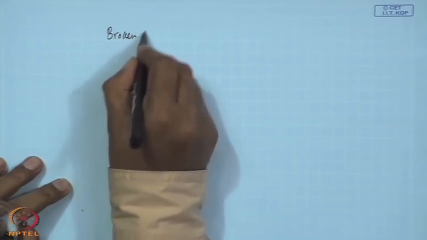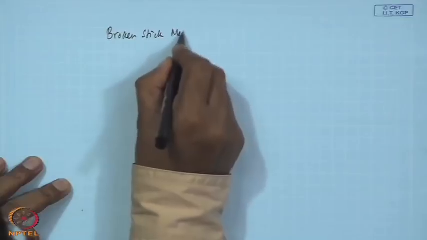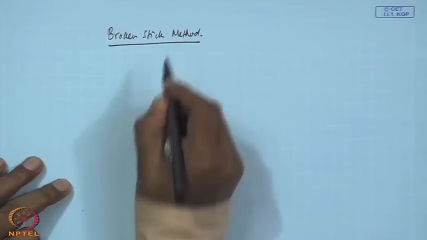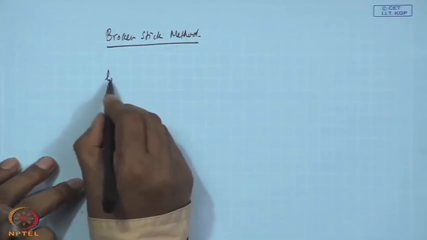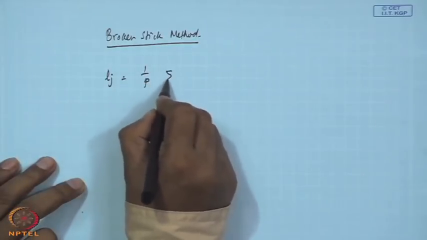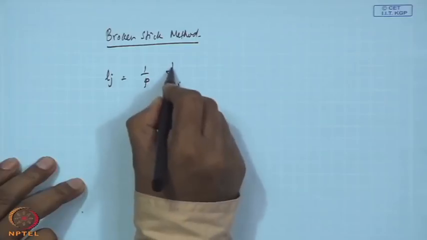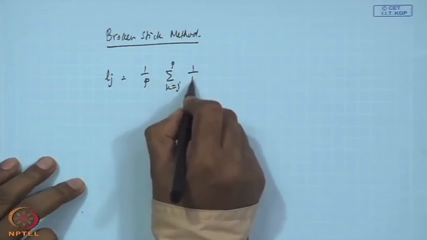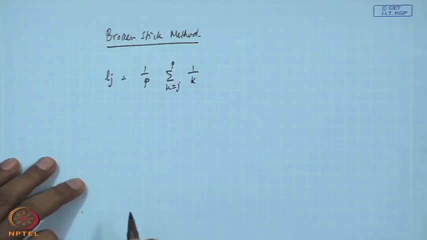Okay. Another criterion is the broken stick method. Here, first you find a quantity called Lj, which is 1 by p, sum total k equal to j to p of 1 by k.